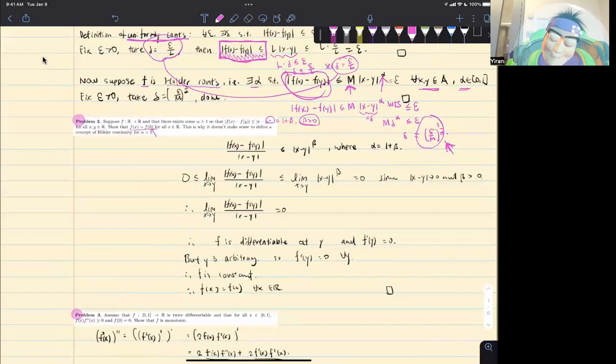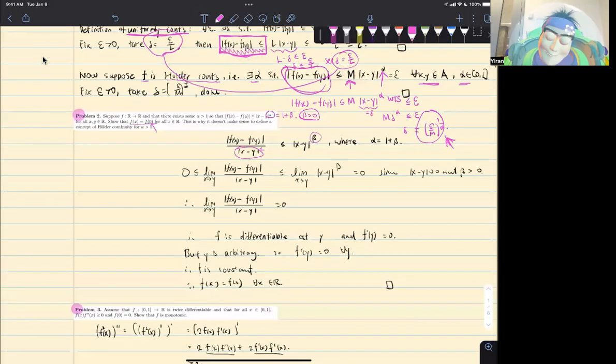And then we can move that x minus y to the left. Notice that this is 1 and this is beta. And we want to show that this is equal to 0, so that the function f is constant.